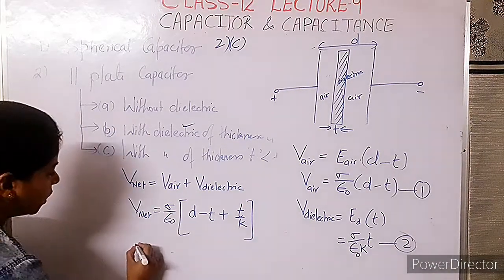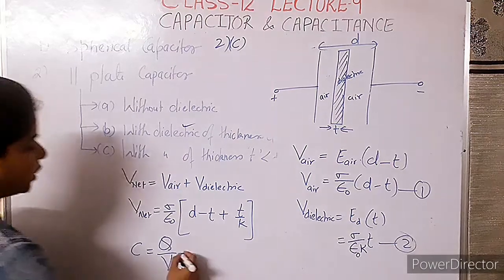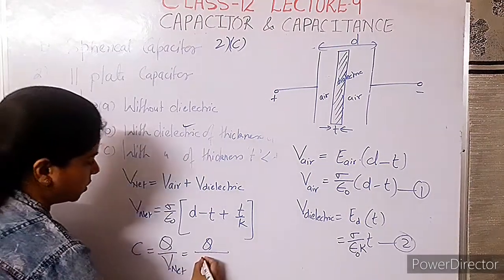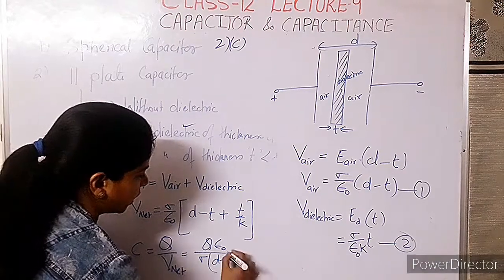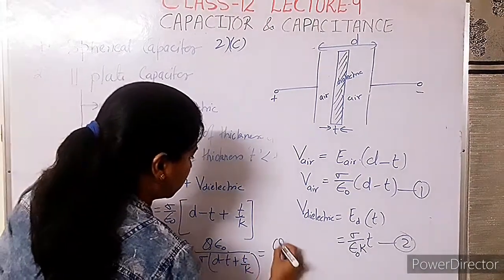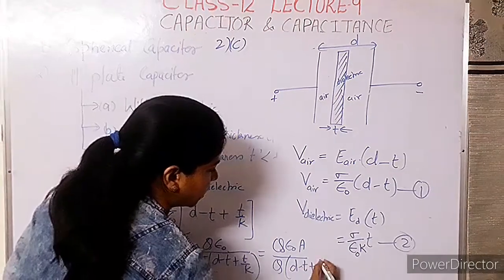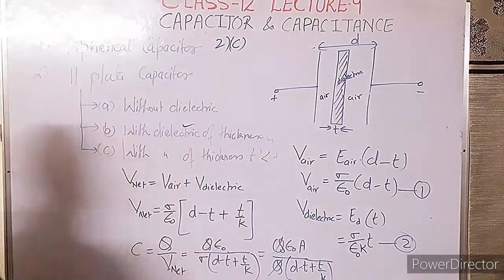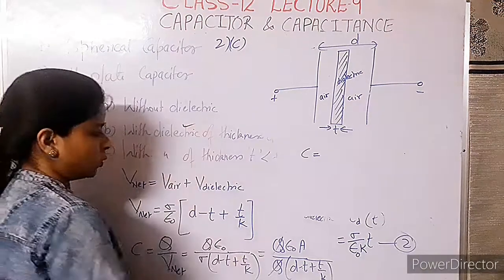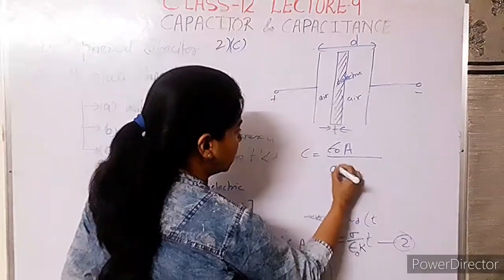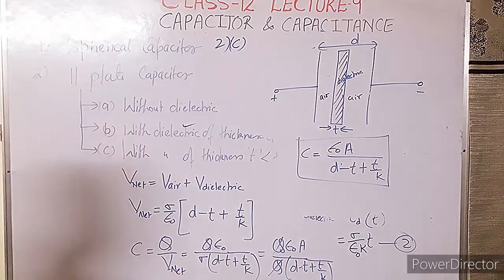And now we have to apply the law of capacitance. So C is equal to Q by V net, that is Q divided by this result, sigma over epsilon naught times D minus T plus T by K. Now Q epsilon naught divided by sigma, and in place of sigma we put Q by A, times D minus T plus T by K. So Q and Q will be cancelled out and we get the result C is equal to epsilon naught A over D minus T plus T by K. Don't think that this derivation is not in your syllabus, because a numerical is given in NCERT.